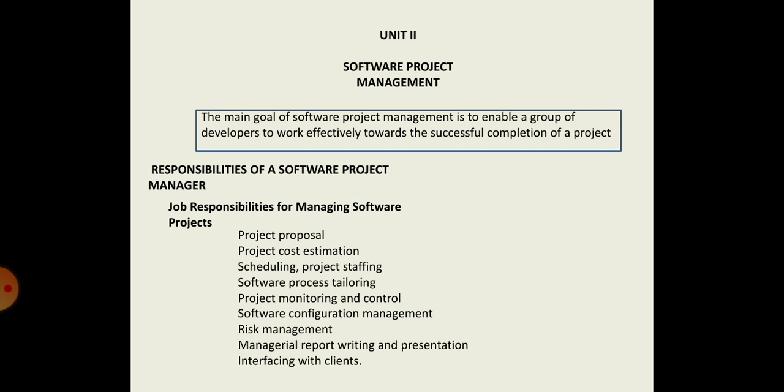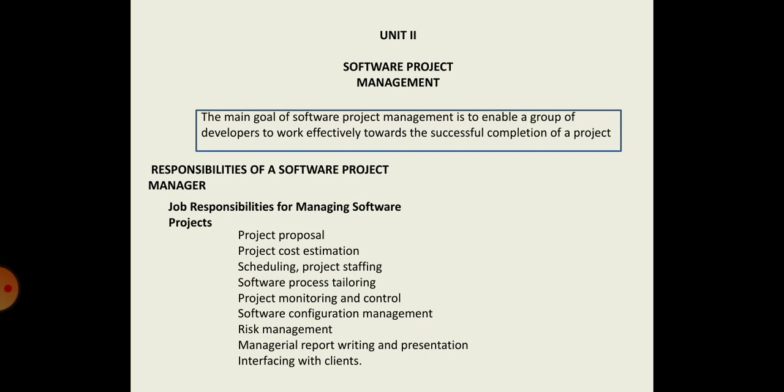So for the development of a large project, there are usually full-time project managers. But for small software development projects, only one of the software developers takes the responsibilities of the software project management in addition to their normal responsibilities.